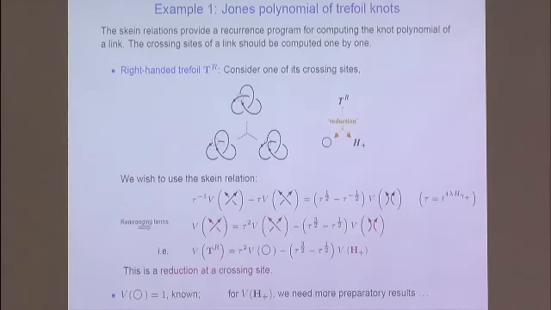We wish to use these skein relations because it is a recursive relation. Then this one is just this one. This one is this one. This one, this one. So this one can be expressed by this one and this one. That means the trefoil knot can be derived from this unknot and this Hopf link.